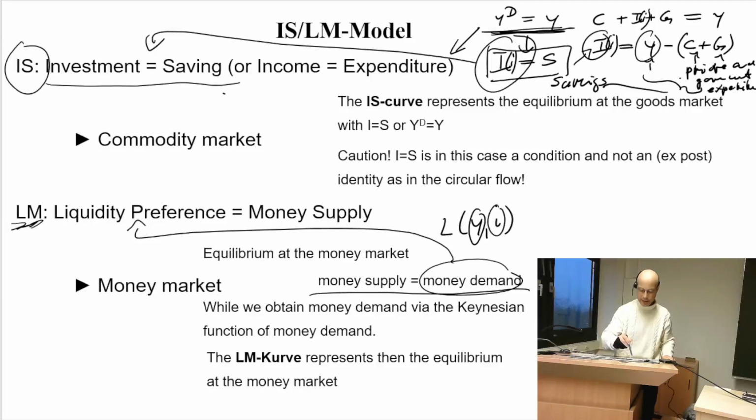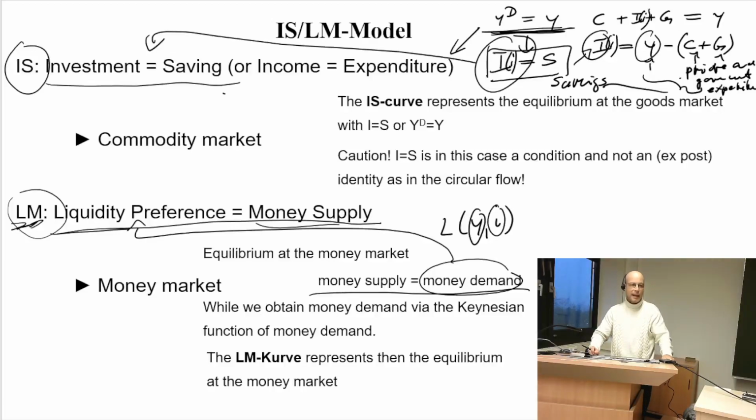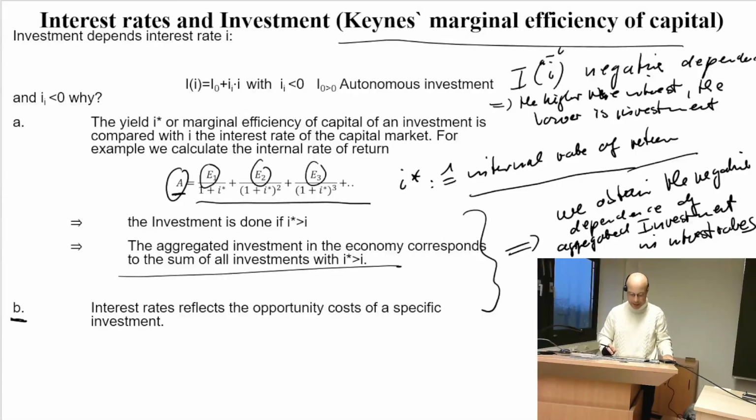And at the money market, liquidity preference meets money supply, just demand for money and supply of money. From this, we have the abbreviation LM, because from the money market we also will obtain a dependence between interest rates and income Y.